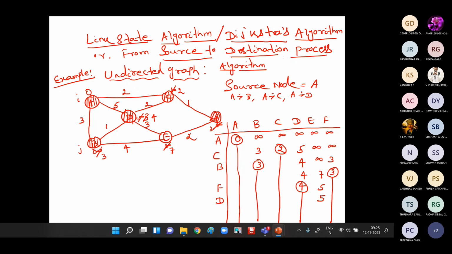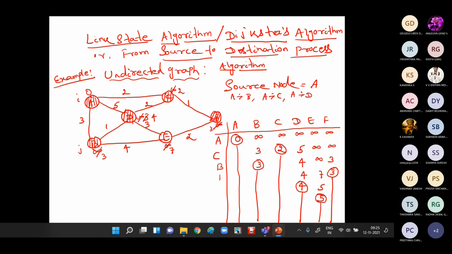Okay. So now at this point you can see, guys, all the nodes are visited except E. So the new distance we can mark as E. Okay, I can write it better.